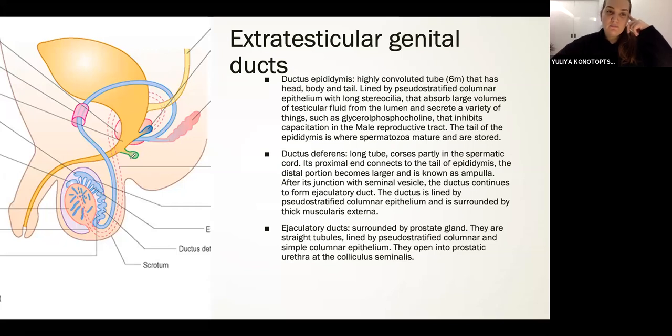Basically not just the head, the entire epididymis. You remember it consists of three regions. Here we have the head, this is the body, and this is the tail. And if we stretch the tube that the epididymis is, it will be 6 meters. And I'm going to shut up here for the dramatic effect. If you stretch this tube, it is 6 meters.